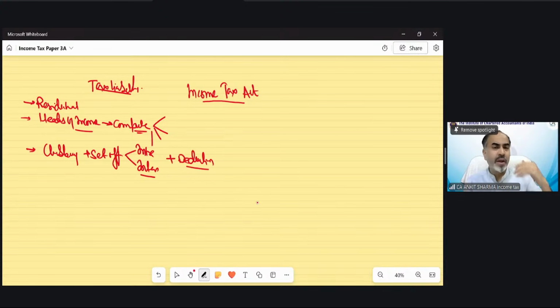And whenever you are going through these concepts, a very important thing you must keep in your mind: the default tax regime and the optional tax regime is key.